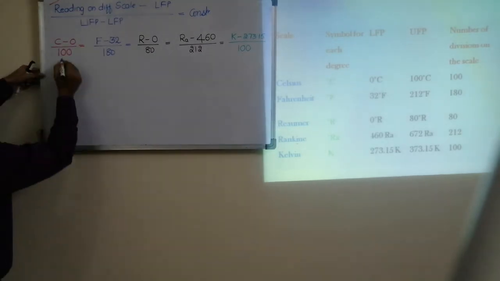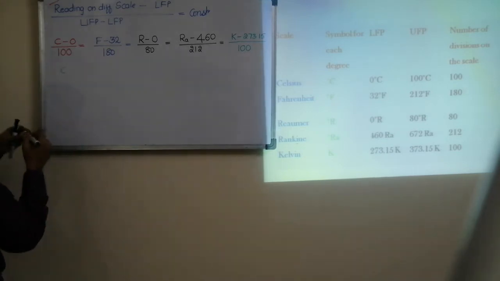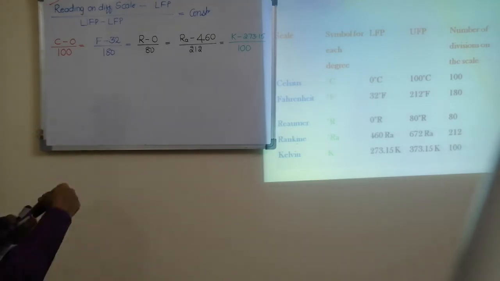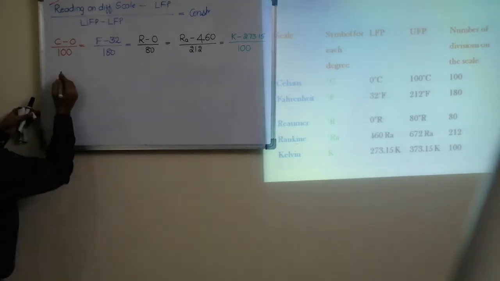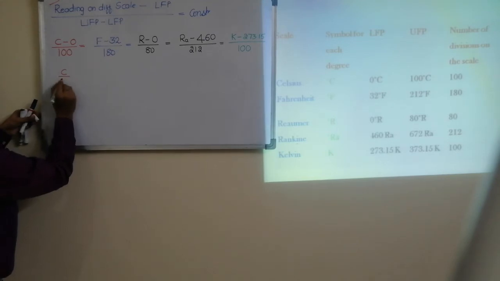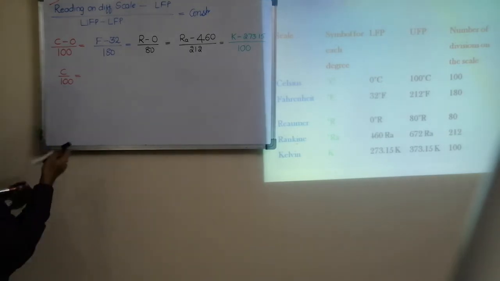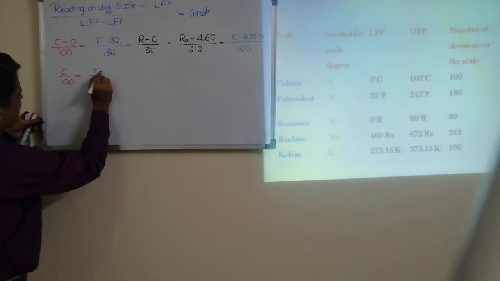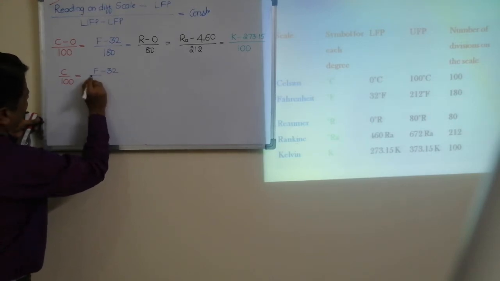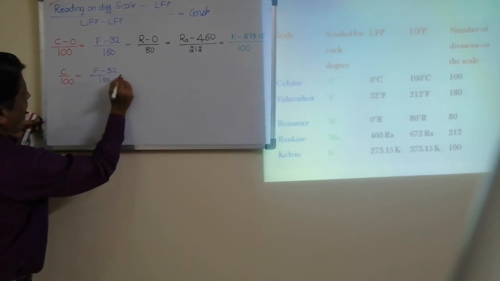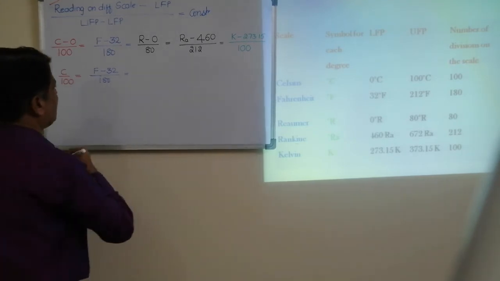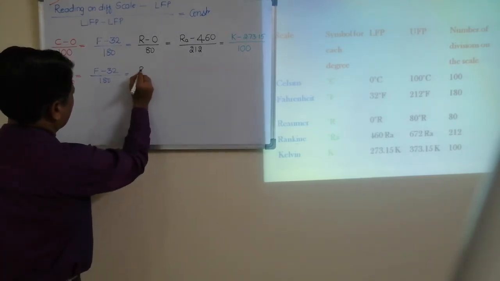Still you can simplify. C minus 0 is C, so C divided by 100. You can write yourself here. C by 100 is equal to F minus 32 divided by 180. That is equal to R minus 0, which is R, divided by 80.